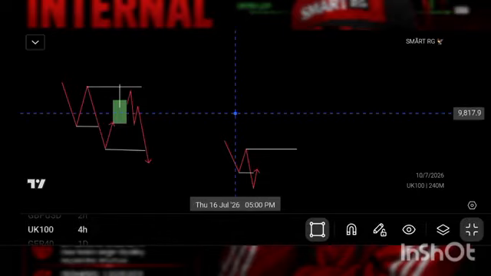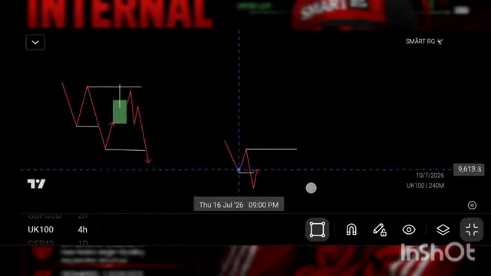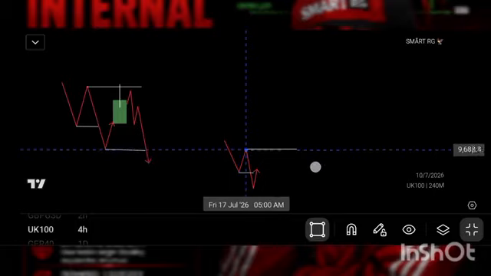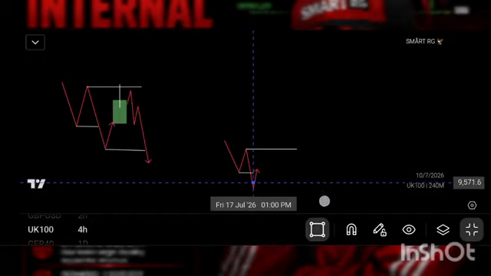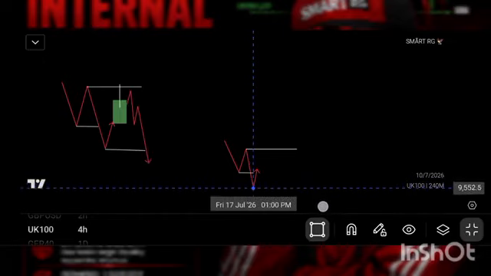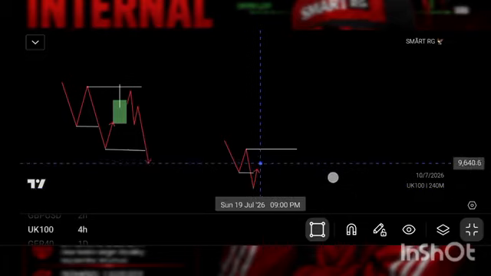Pay attention to the center point. After the market created a lower low, it created the lower high. The lower low was taken, and once the lower low is taken, it's called what? It's called our external liquidity. So our external liquidity has been taken out.